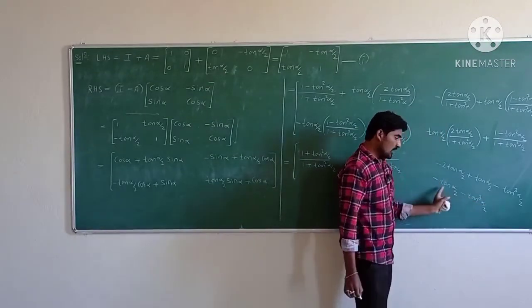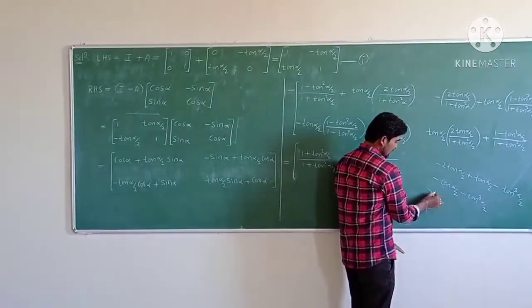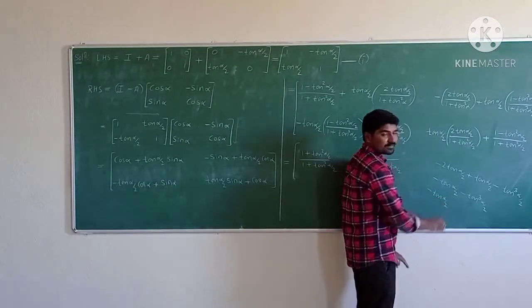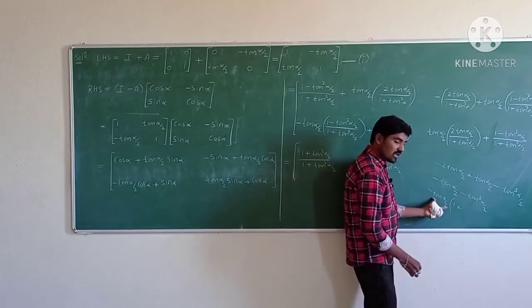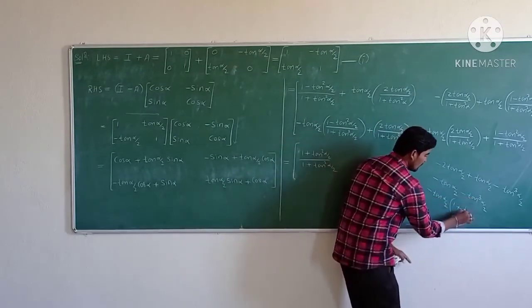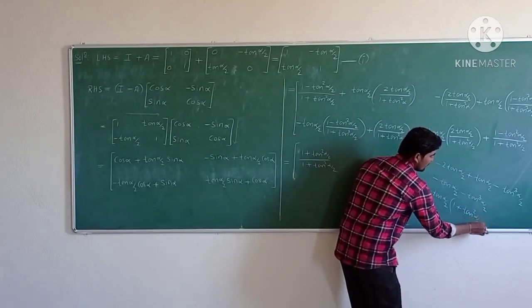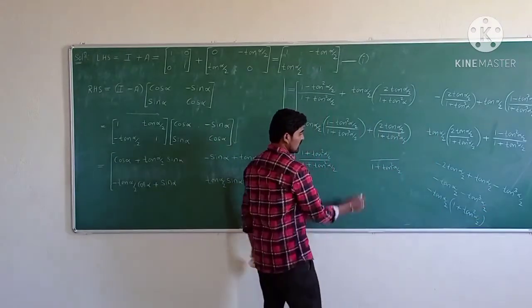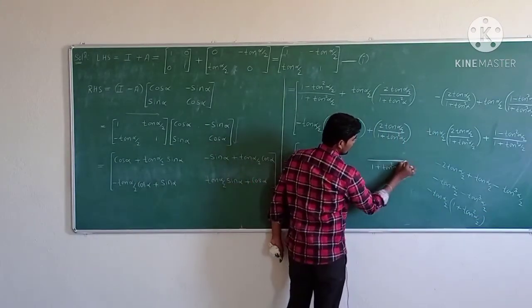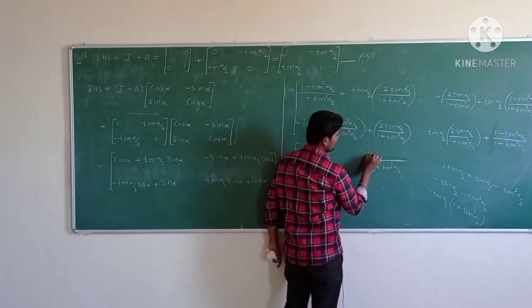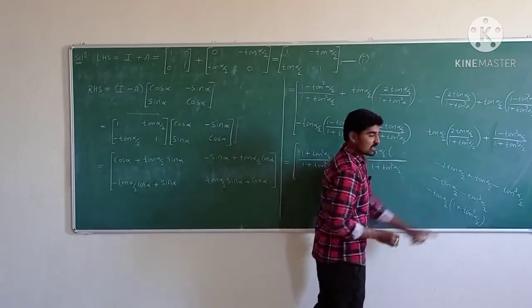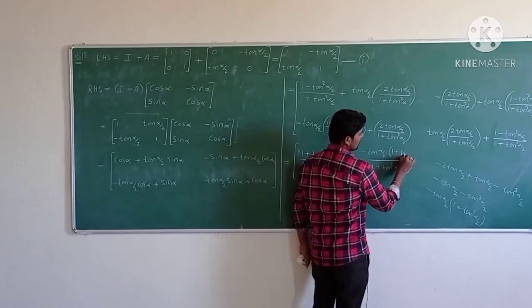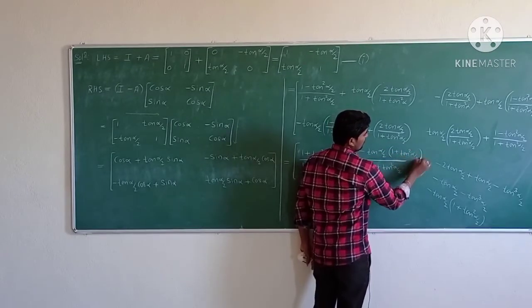Now in between these two we may take minus tan alpha by 2 as common. Here 1 comes, and here tan square alpha by 2. I hope all of you understand. Therefore the numerator is minus tan alpha by 2 into 1 plus tan square alpha by 2.